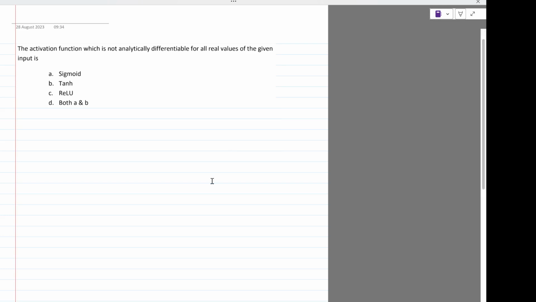Which activation function is not analytically differentiable for all real values of the given input? So it is asking which activation function is not analytically differentiable. So sigmoid is what? 1 upon 1 plus e power minus x.